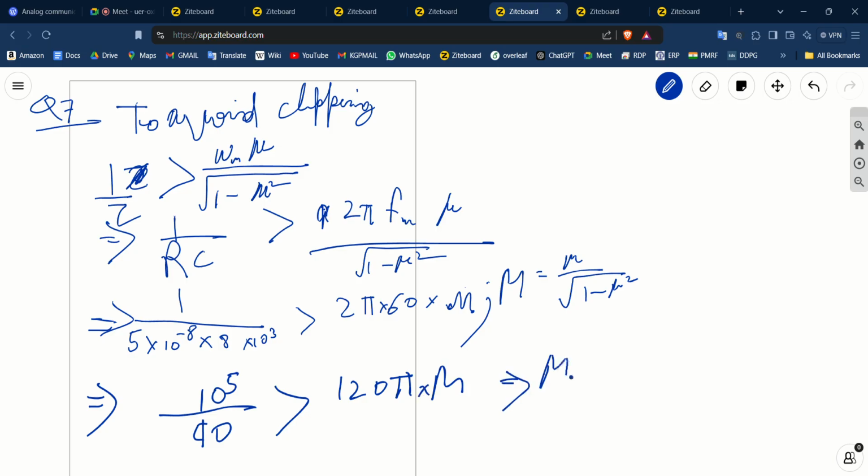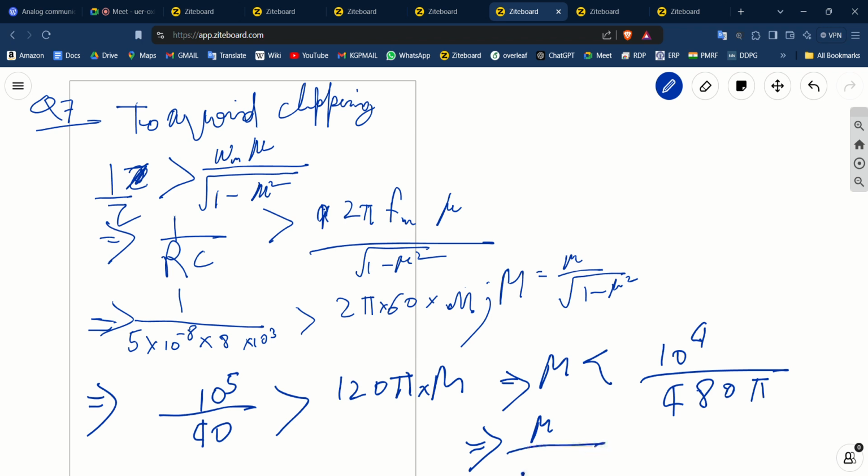This implies m is less than 10 to the power 4 by 480 pi, which implies mu by root 1 minus mu square is less than 10 to the power 3 by 48 pi.